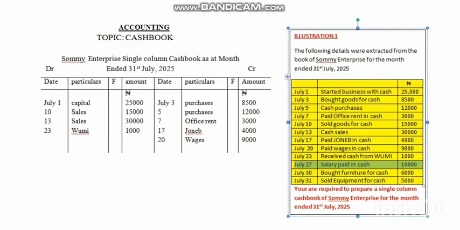So you come to the credit side and write the date, which is 27th. Then you write the salary. The amount he paid is 10,000 naira. You write it here.